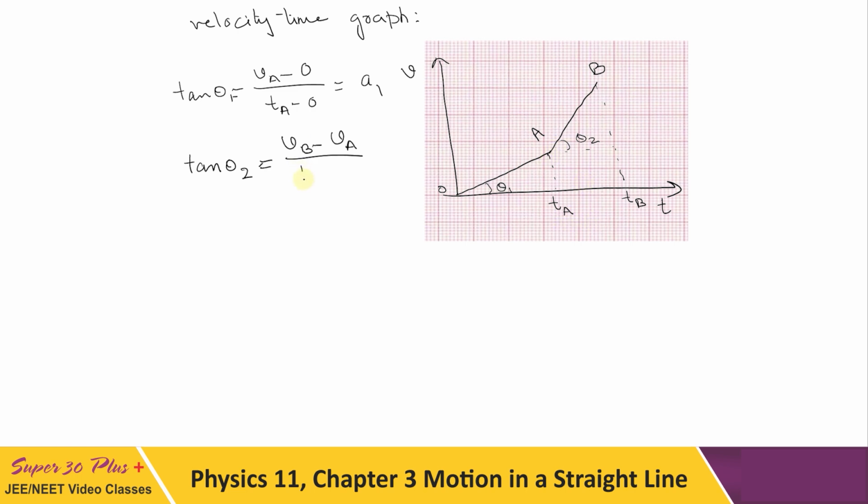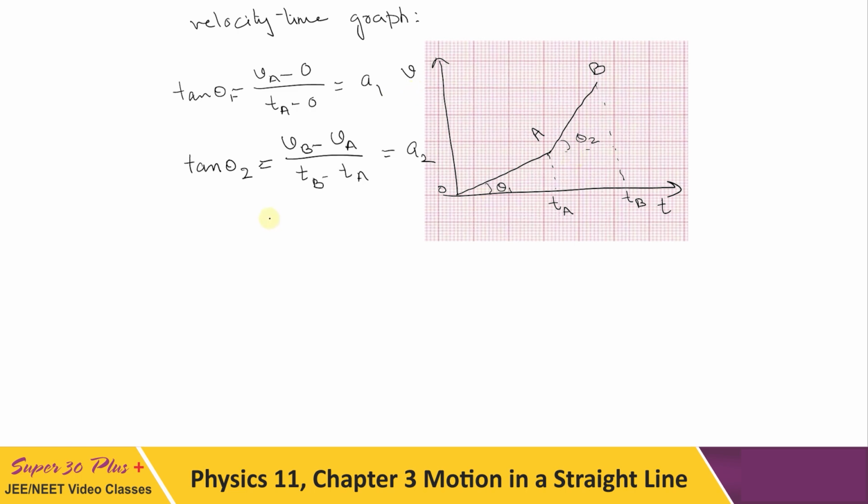So in the denominator it would be TB minus TA. Again this is change in velocity upon time, so according to the definition of acceleration, this will be the acceleration for the part AB. Let this be A2.